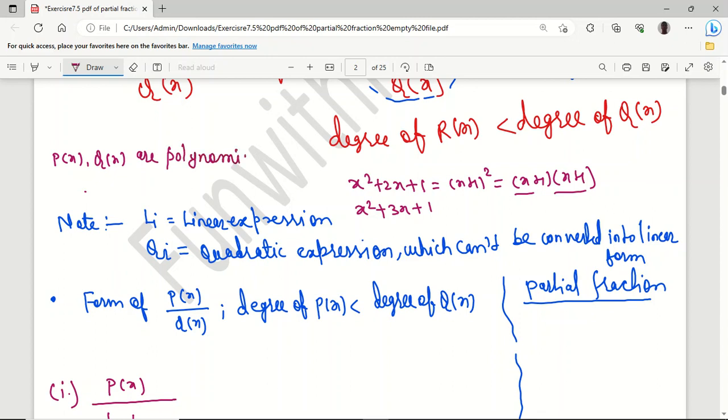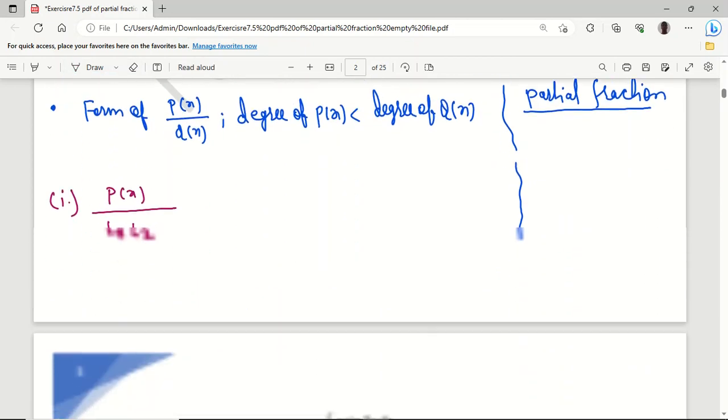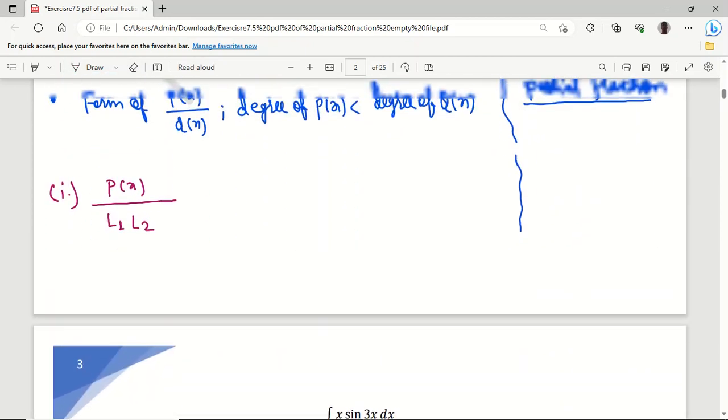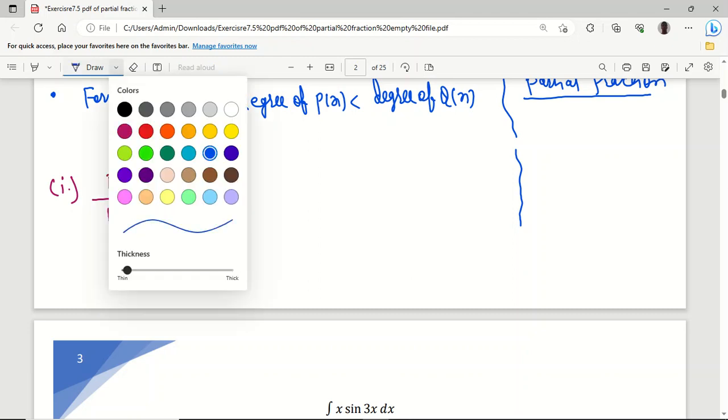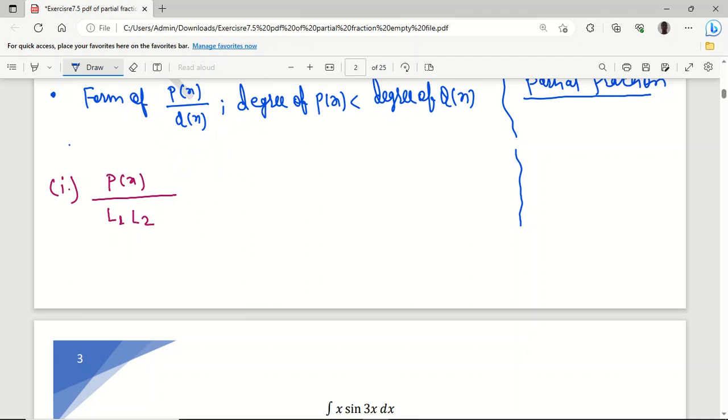Just note that it is a polynomial. So p(x) upon L1 into L2, where L1 is a linear expression and L2 is another linear expression. If we get an integrand in this form, we cannot easily solve such an integration. It becomes very hard, so what we can do is solve this by partial fractions.